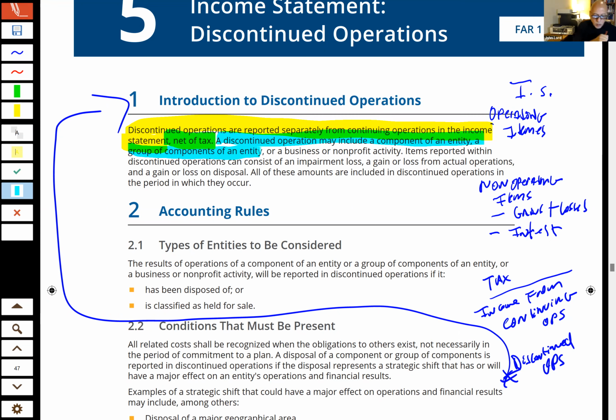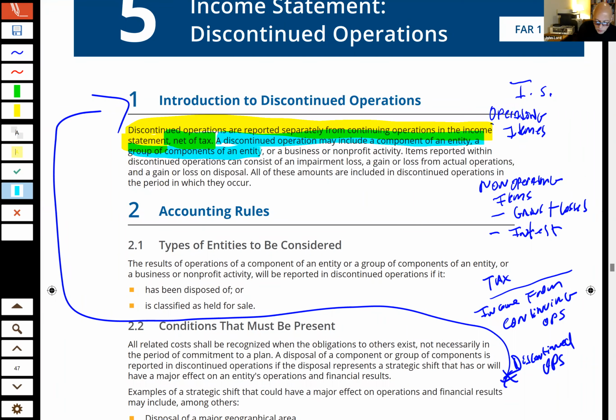an entity. So again, we're getting into what? Major sections, not just one department, but we're talking about components of an entity. We're talking about subsidiaries, segments, an entire line of business. Okay.